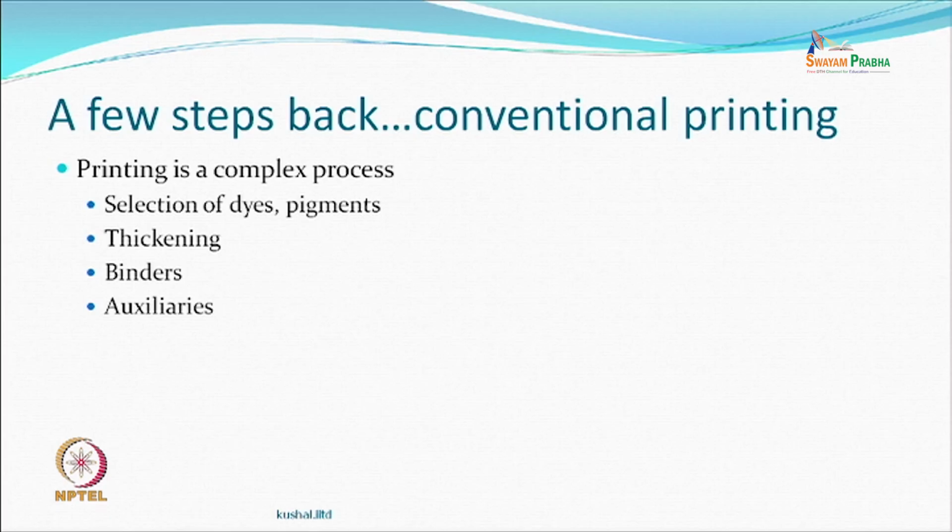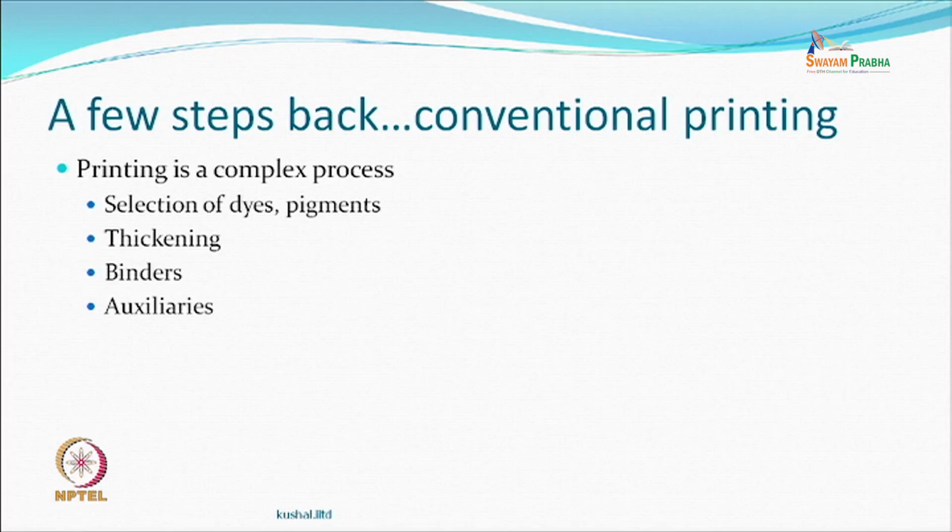You had to make a stock thickening, you had to add various compounds there which should not affect the thickening or the aging property or the time with which it can withstand all the things without significantly changing the rheology. Then your binders obviously are for pigments.